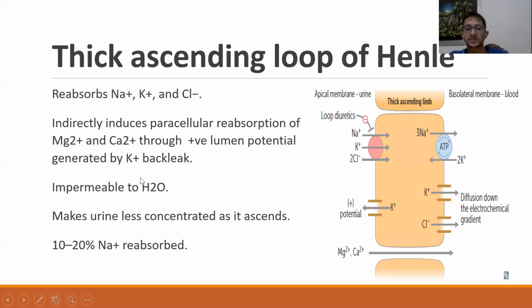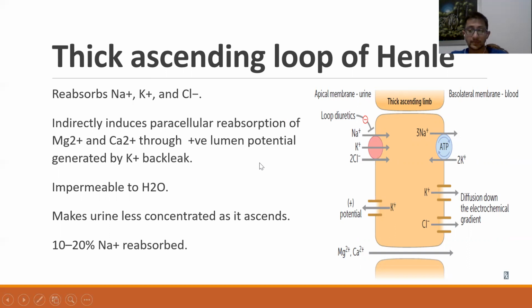And this part once again is impermeable to H2O. The thin descending loop of Henle was permeable to H2O, whereas this part is impermeable. Now, the thin descending loop of Henle was concentrating the urine because water was leaving and there were more solutes in the urine, leaving it more concentrated.